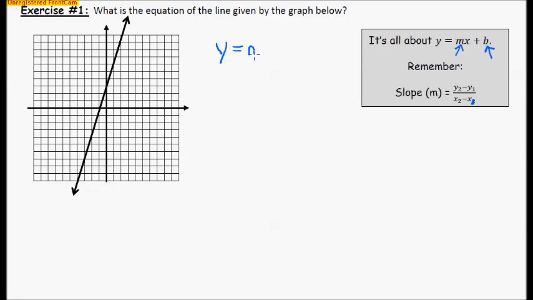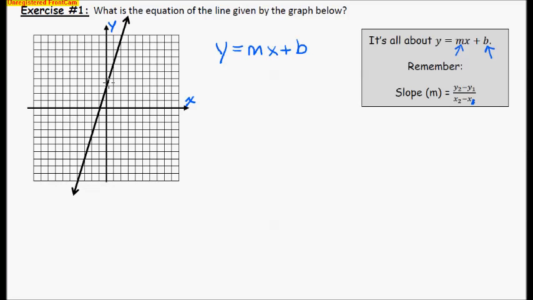And remember, I'm trying to find the equation of the line. And first, let's see, can I pick off of this graph the y-intercept? And the y-intercept is where it crosses the y-axis. Well, here's my x-axis and here's my y-axis.